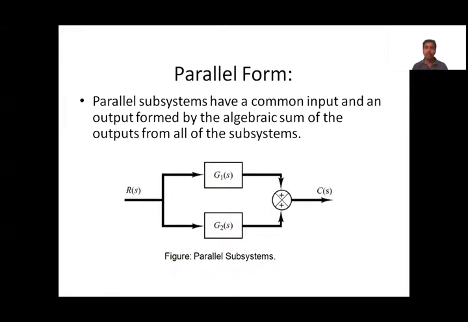This connection is nothing but a parallel connection. Keep in mind that in parallel form the input arrow marks and the output arrow marks must be in the same direction; only then can we say these systems are connected in parallel.